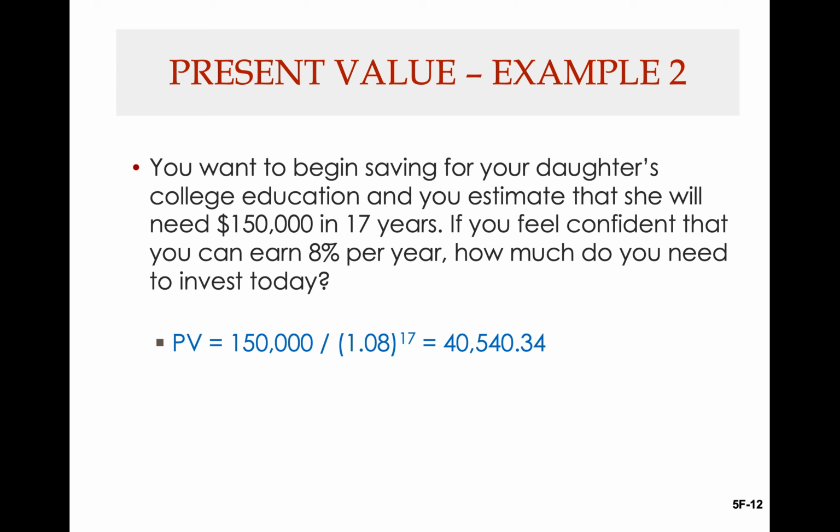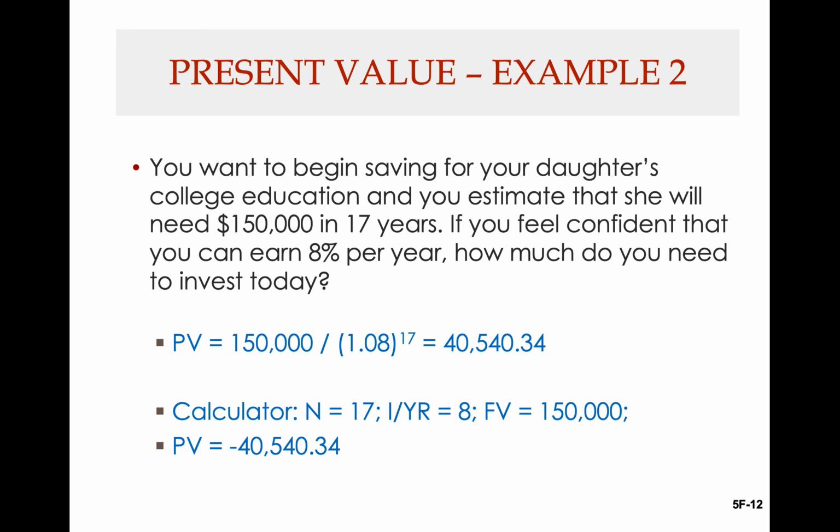So today, you need to invest a little over $40,000 so that in 17 years, your daughter will have $150,000 for her college education, provided that your investment can earn 8% per year.